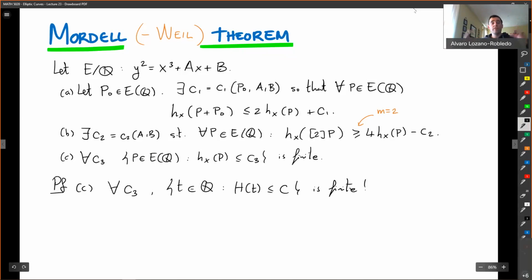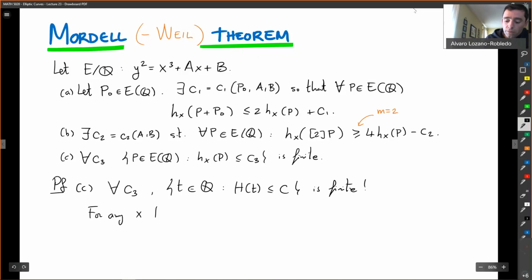Right? If you have a bound on the size in absolute value of the numerator and denominator, then there are only about C squared such rational numbers, plus 0. So about 2 times C squared, because you also have the negatives. That's finite.